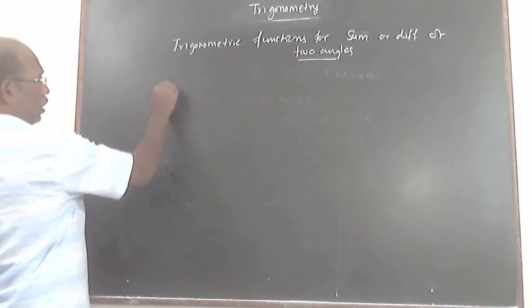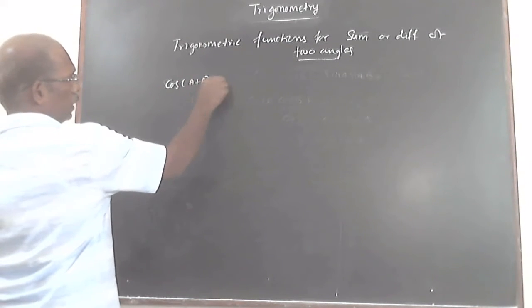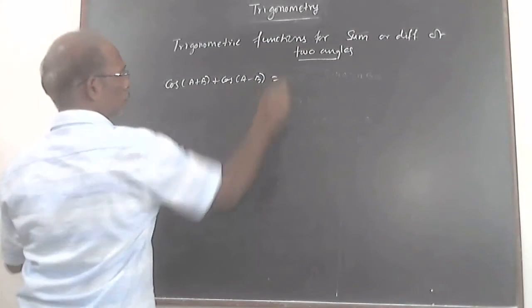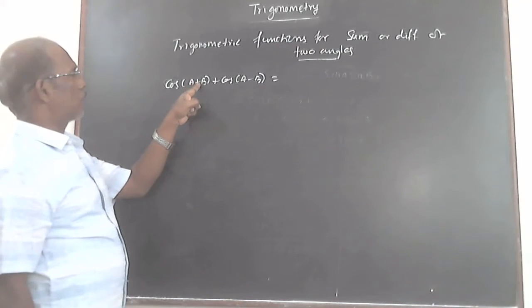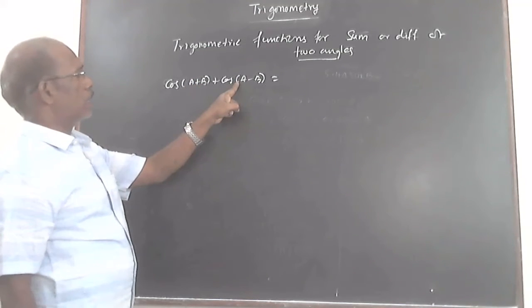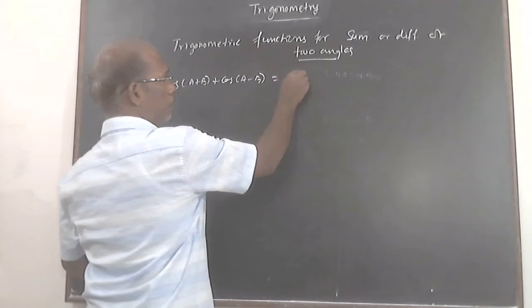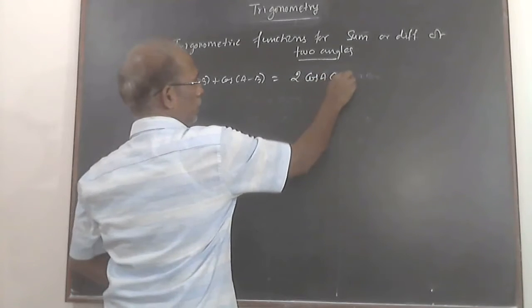Cos of a plus b plus cos of a minus b: cos a cos b minus sin a sin b plus cos a cos b plus sin a sin b, adding both gives 2 times cos a cos b.